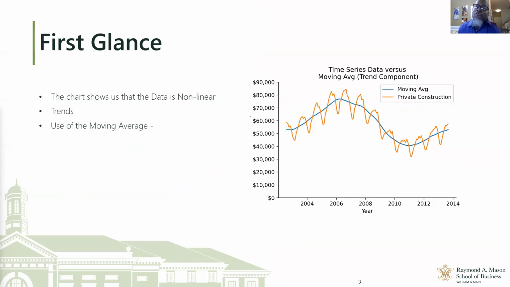In order to pull out the trends, we calculate the moving average over time, starting with a window of 12 months. And this gives us a smooth curve that follows the original data with some level of certainty.